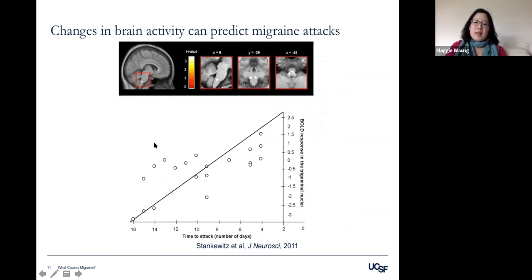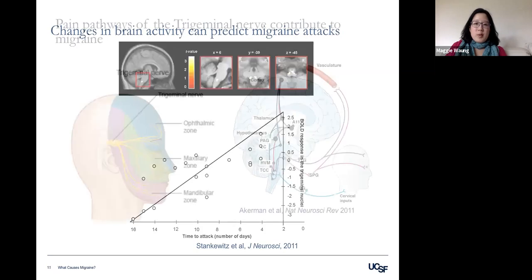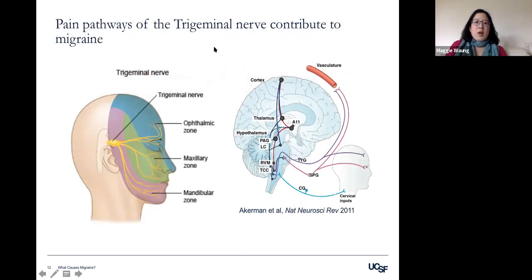As activity in this region started to ramp up in patients who had migraine, they knew that a migraine was happening. So just by looking at the brain, you can tell that a migraine attack is about to happen. The region that was predictive is called the trigeminal nucleus caudalis.